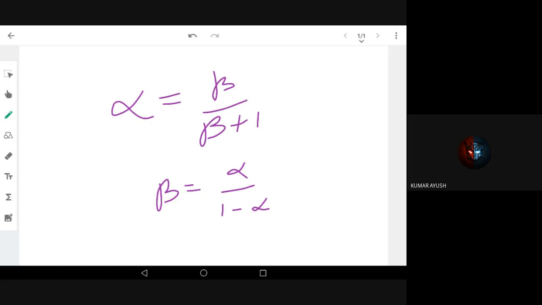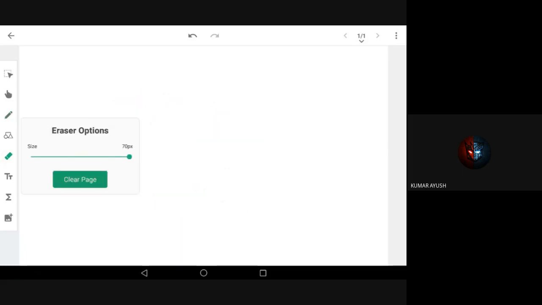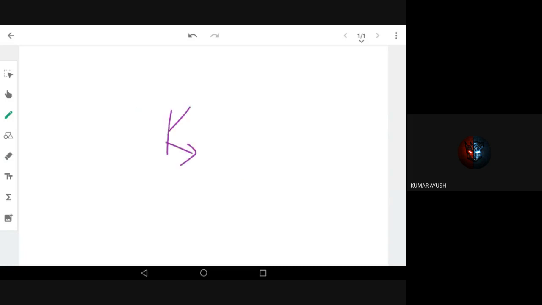But right now we are talking about the connections of a transistor. Say I have a transistor like this with three points: this is the emitter, this is the collector, and this is the base. How am I connecting the transistor in an amplifier or circuit?